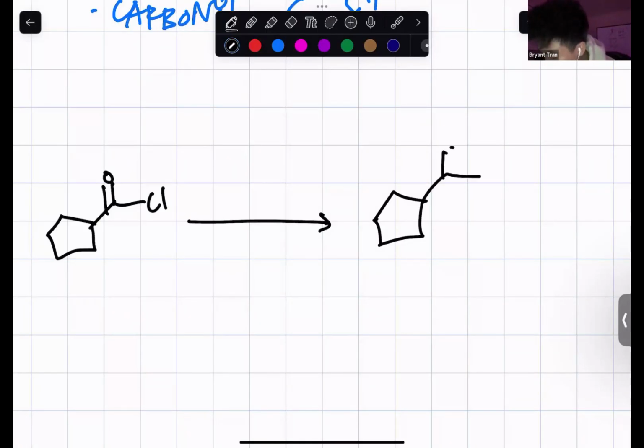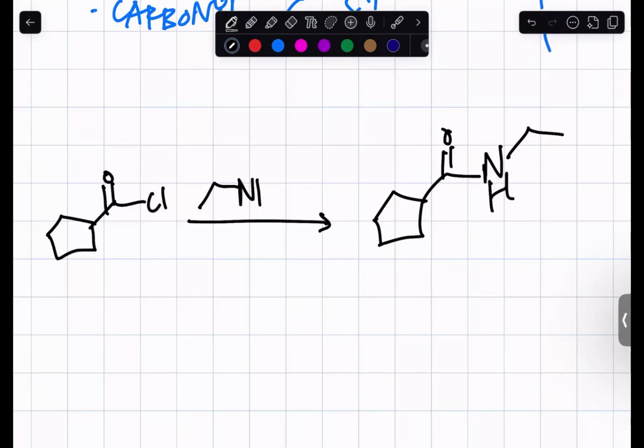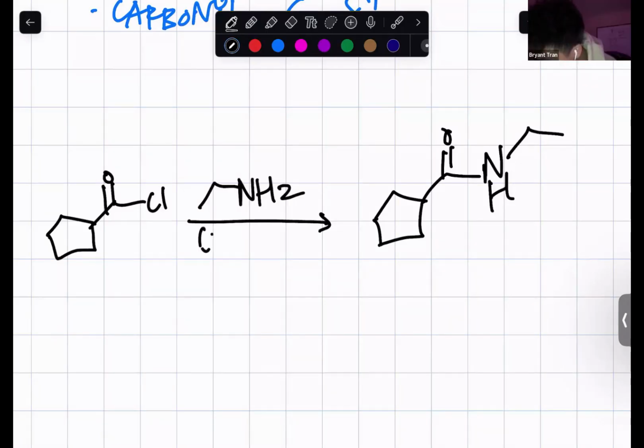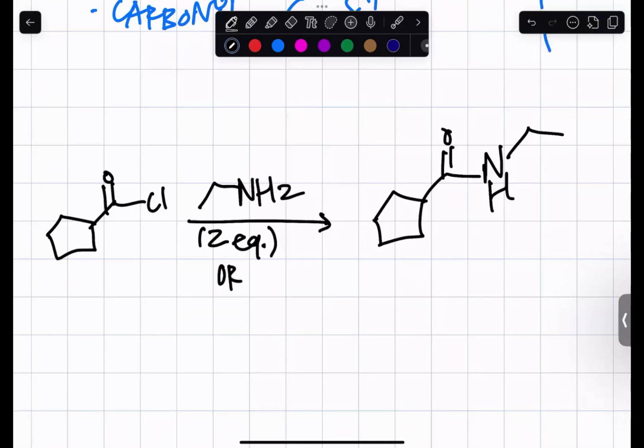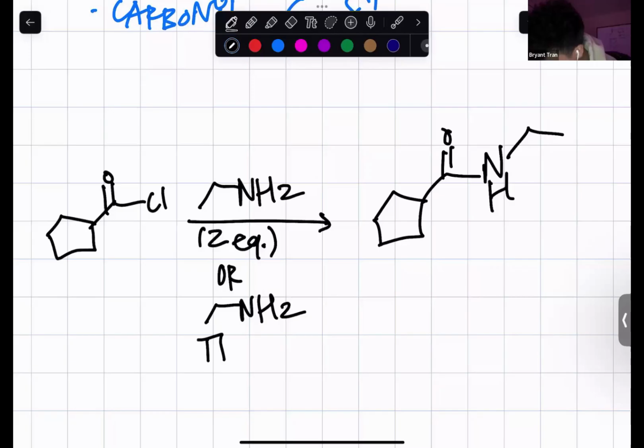We can do that in one step. To do that, we're going to use this amine, and we need at least two equivalents of that, or you need some kind of base, like triethylamine or pyridine.